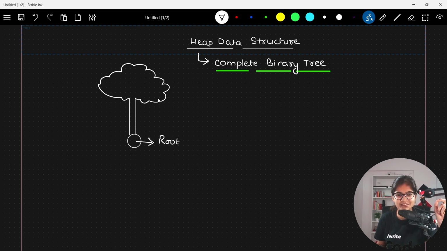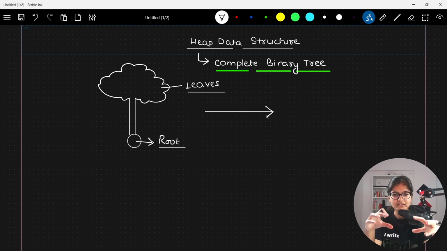For example, this is a tree where above are the leaves, right? But in an actual data structure, whenever we are discussing a tree-based data structure, the order is completely reversed. What do we mean by that?